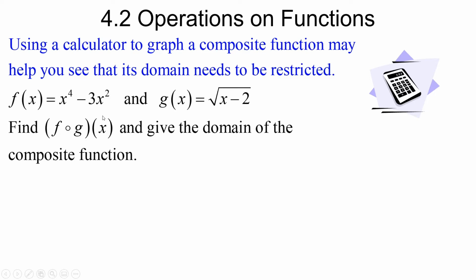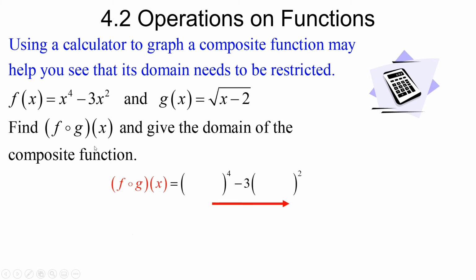So first, you have to be an expert at finding composites. When I'm finding a composite, not like the diagram where I work right to left, I'm going to work left to right. So I'm going to start with the function f, which is x to the fourth minus 3x squared. But I want you to notice something.